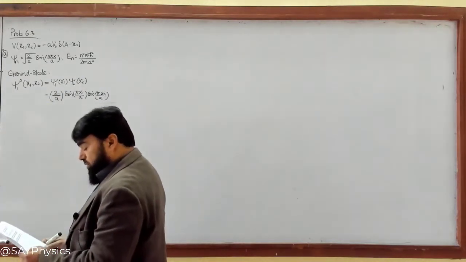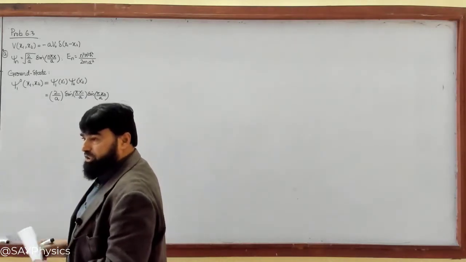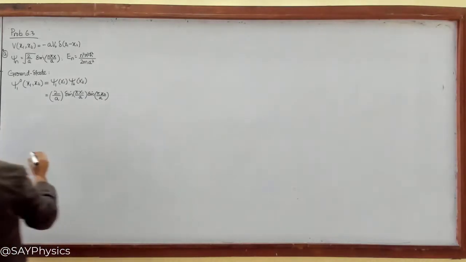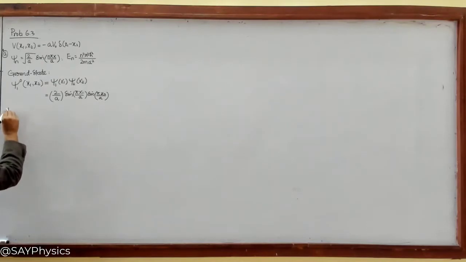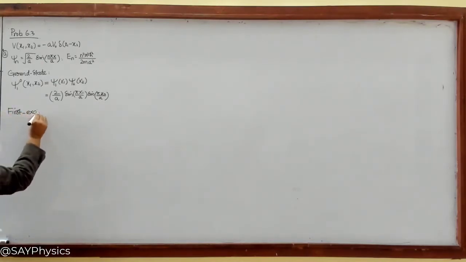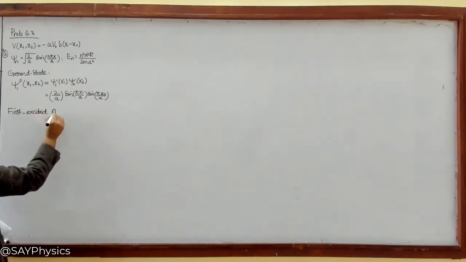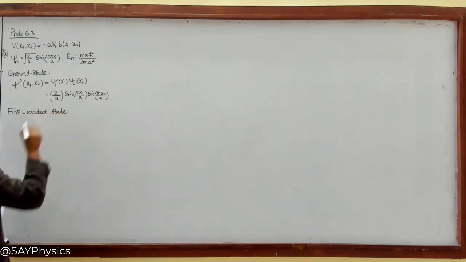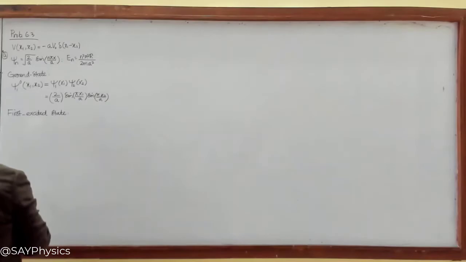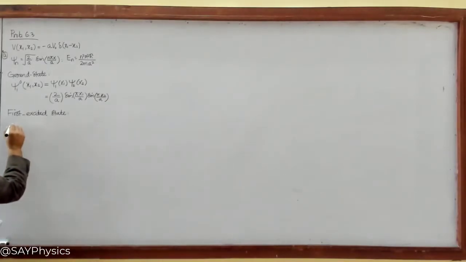So this is the ground state wave function. And what about the first excited state wave function? The first excited state. For the first excited state, I can write psi 2 0 is equal psi 2 0 of x1 and x2.